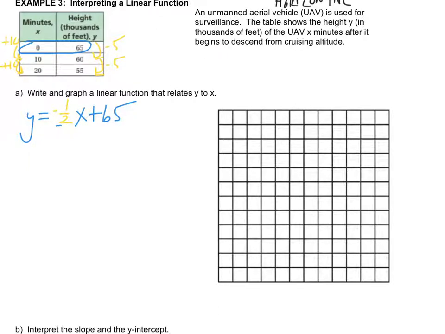So I'm going to put my y-axis here and my x-axis over here. Now, what do they represent? My x-axis is minutes right there, so I'm going to put minutes.